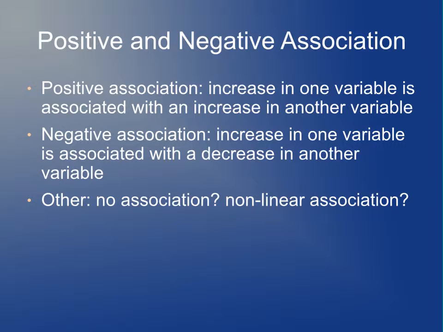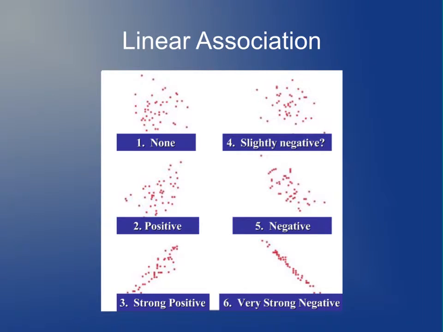It's also possible there's no association or there's a nonlinear association, like a U-shaped association where for a while y decreases as x increases, but later on y increases for larger values of x. That would be neither a positive nor a negative association. There would be some association, but there isn't a simple term for it in that case.